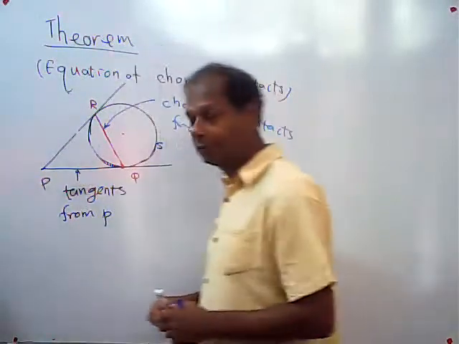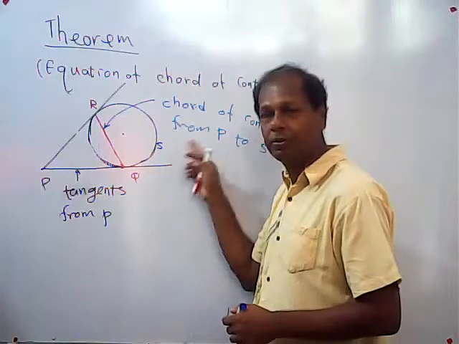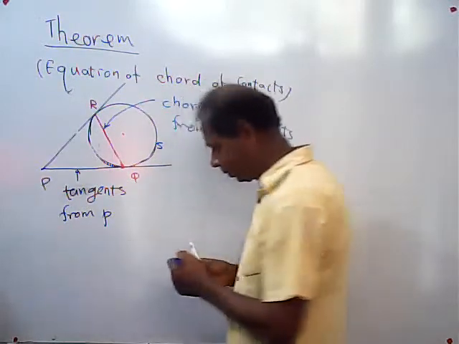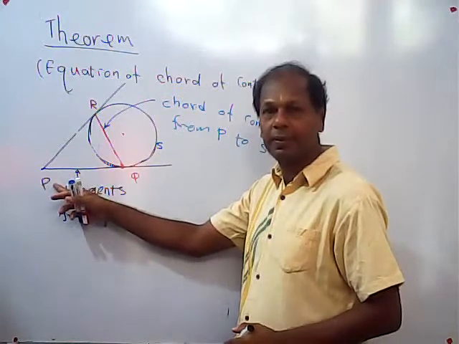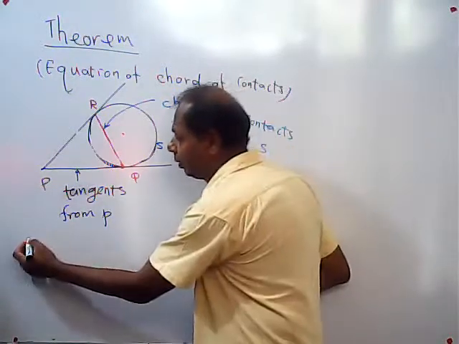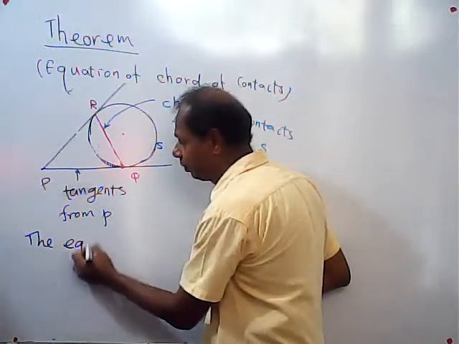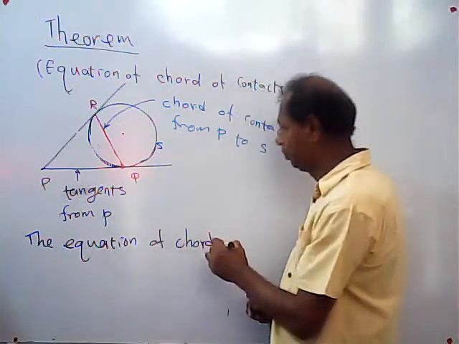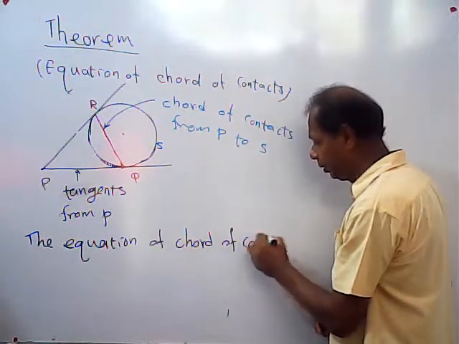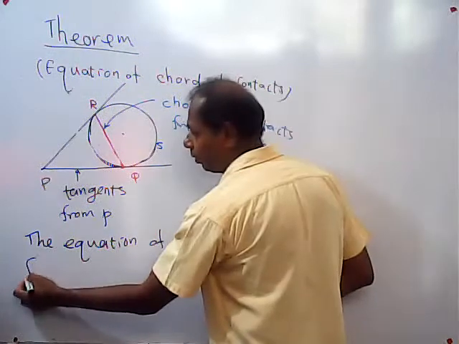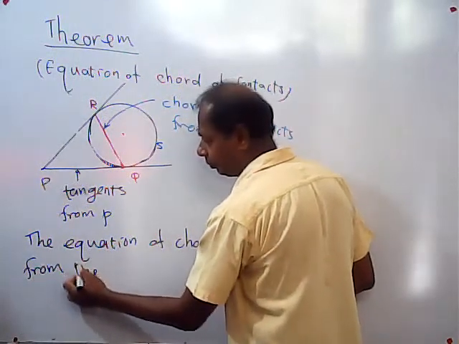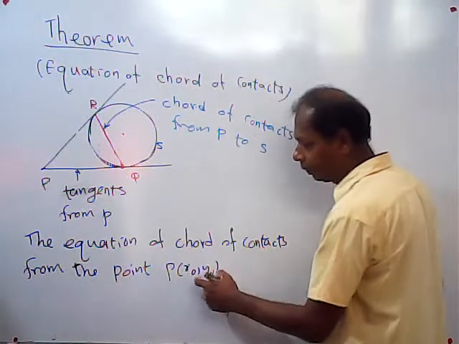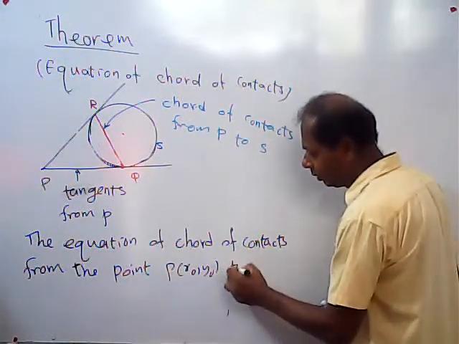The theorem says if your circle is the general one, x square plus y square plus 2gx plus 2fy plus c equals 0, and the point is P(x naught, y naught), then the equation of the chord of contact from the point P to the circle is as follows.